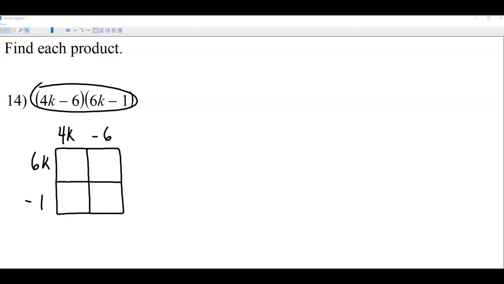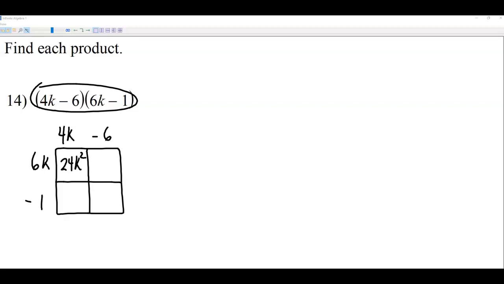Now we're going to go ahead and fill in our squares. To find this we do 4k multiplied by 6k, and that gives me 24k squared. Why? Because 6 times 4 is 24, and k times k is k squared, because when you multiply 2 letters you add their exponents. 1 plus 1 is 2.